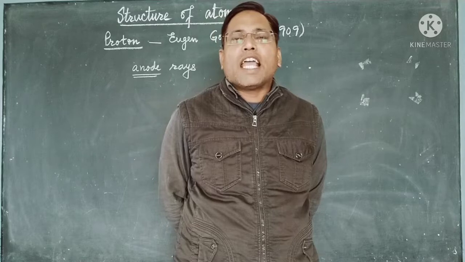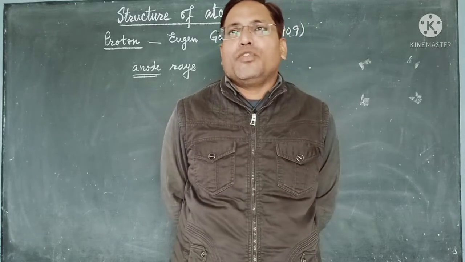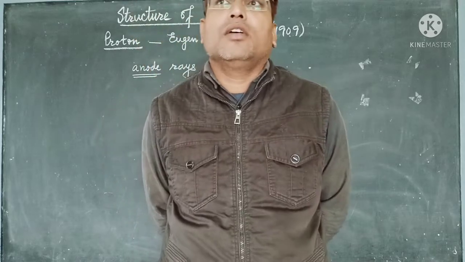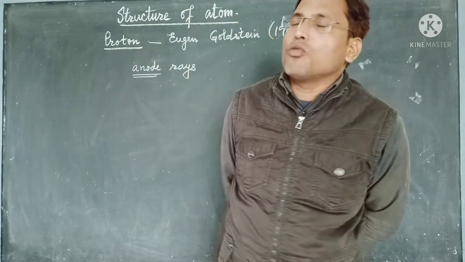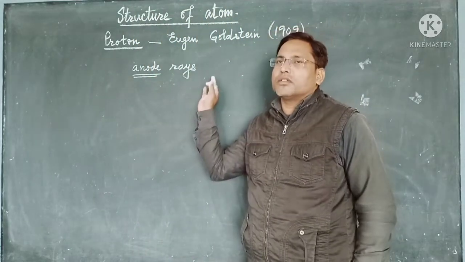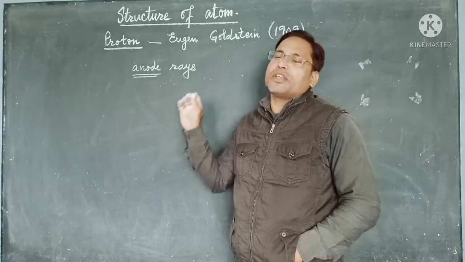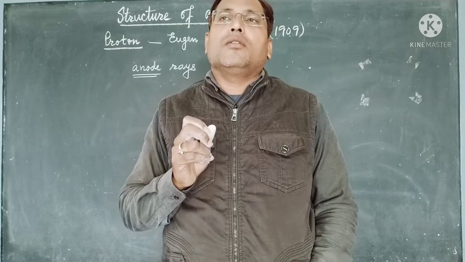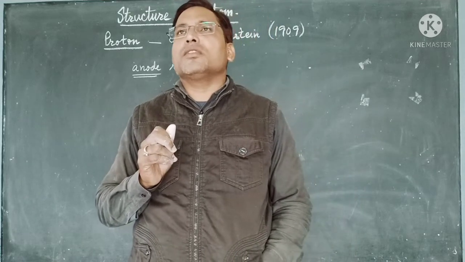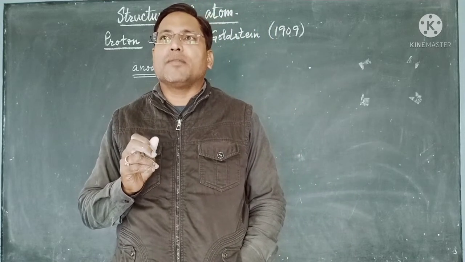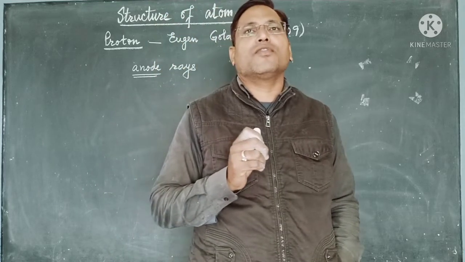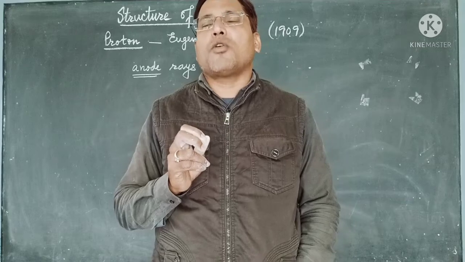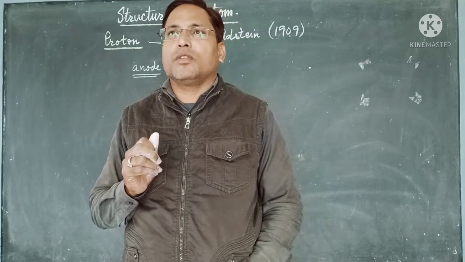The type of gas which we take in the discharge tube determines the amount of protons, or we can say the anode rays emitted. This is because different elements have different numbers of protons in them.